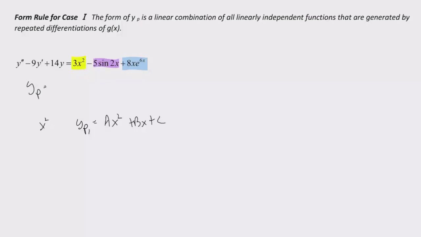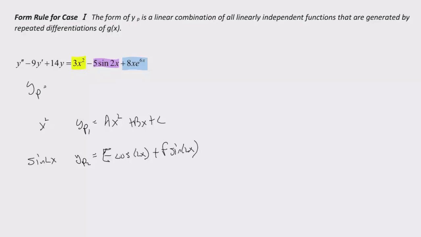And because of the sine of 2x, I know the format for those terms is going to look something like e cosine 2x plus f sine of 2x.